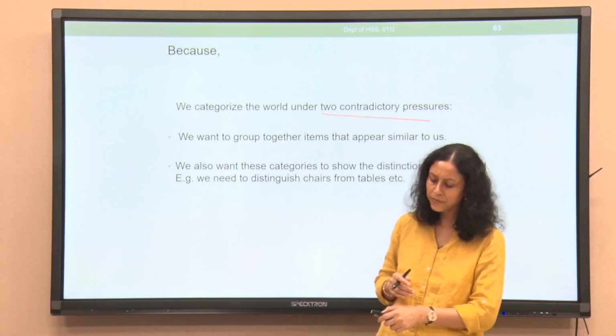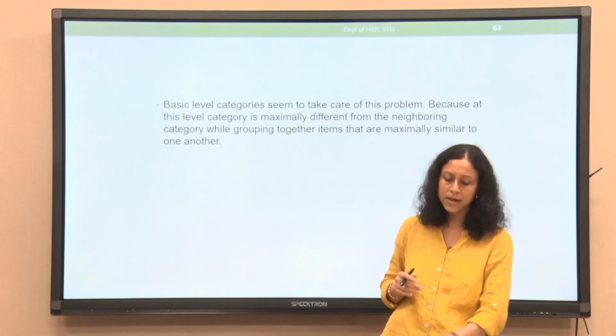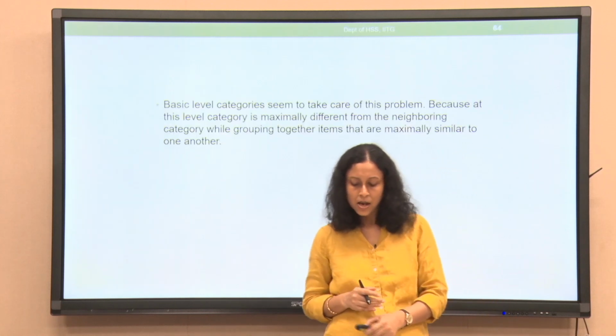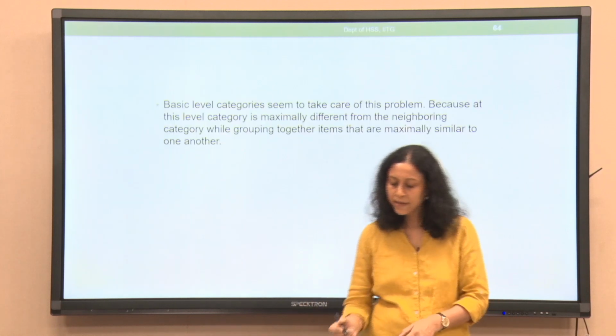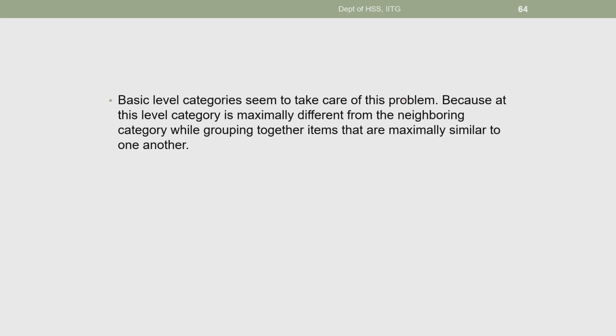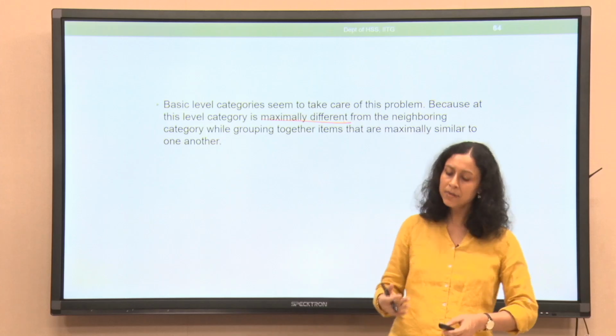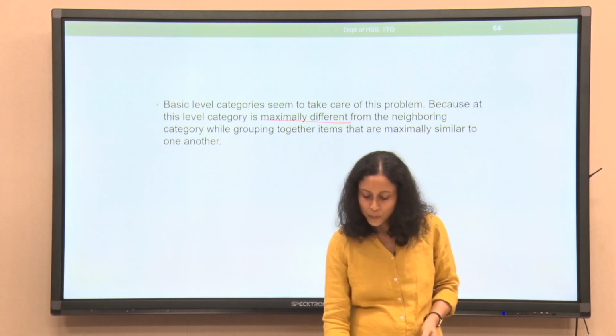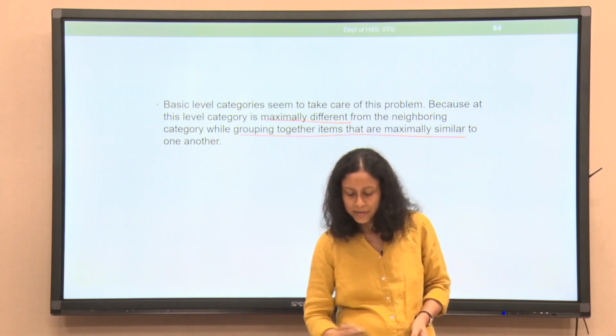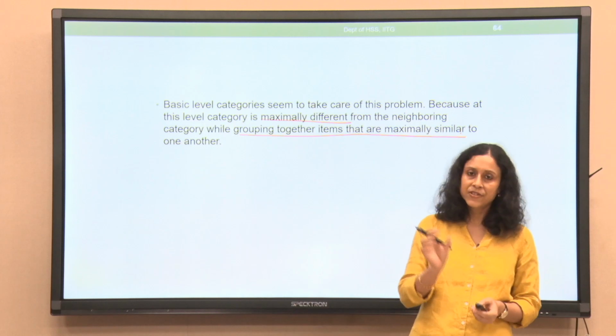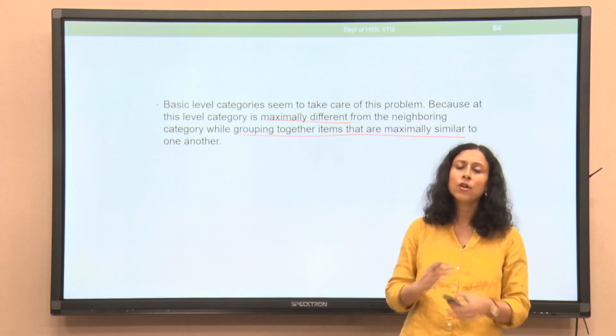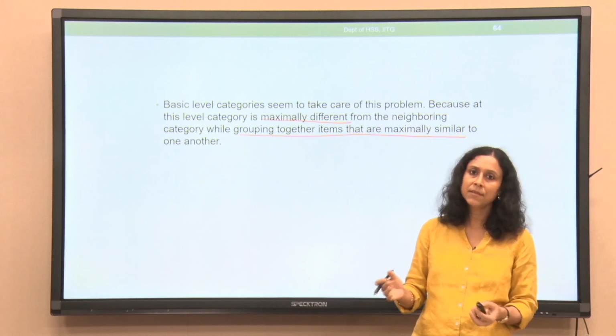So, this distinction we need, and that is exactly why basic level categories are very important. Basic level categories take care of this problem, because at this level a category is maximally different from the neighboring category. So, chairs are different from tables, while grouping together items that are maximally similar to one another. So, the category chair includes all kinds of chairs which are basically similar to one another.